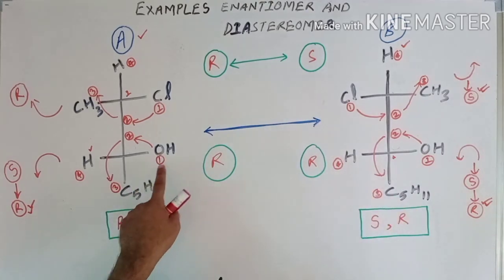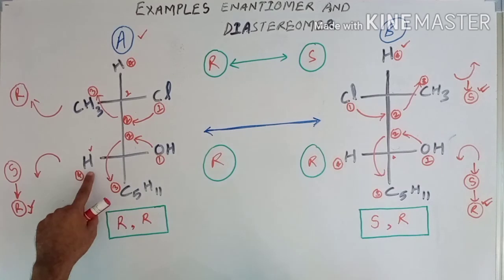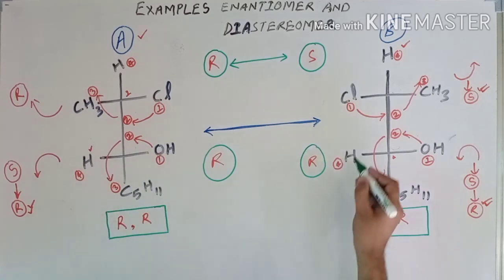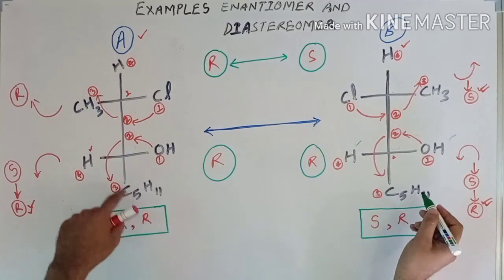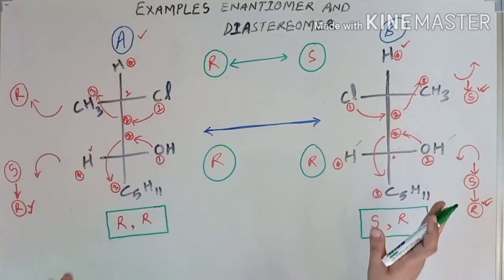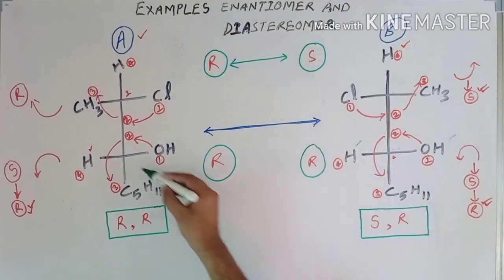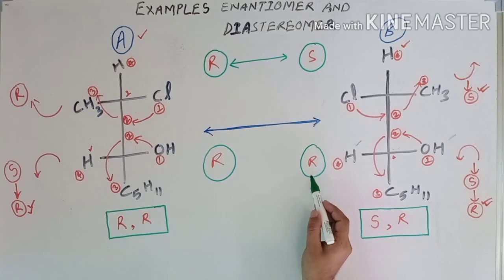How? We can see here hydroxyl group is on right side. Here also hydroxyl group is on right side. Here hydrogen is on left side. Here also hydrogen is on left side. C5H11 and remaining upper portion are same. So configuration of this lower portion carbon remains same.